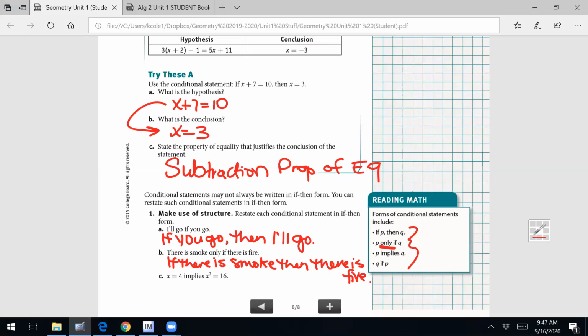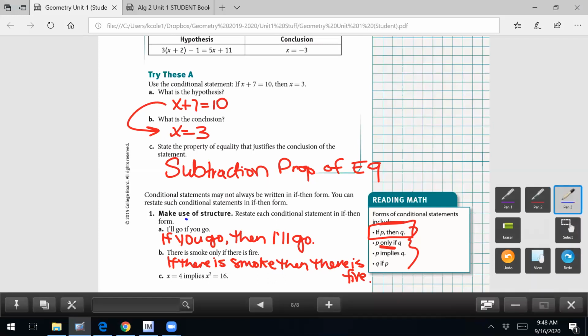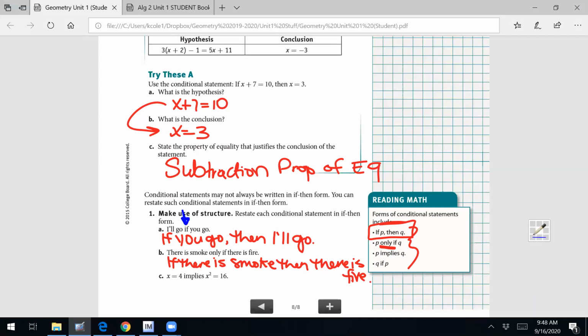Okay, what we're looking for, our goal, is to have if P, then Q. This is how we want them to be written. They want us to write them in if-then statement. So you have to identify the P and the Q, okay? So like if you look at the first one, was the if statement right here in the middle. I'll go if you go, so that's this one.